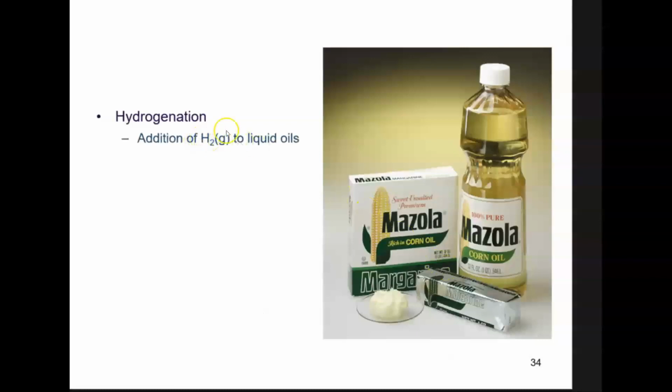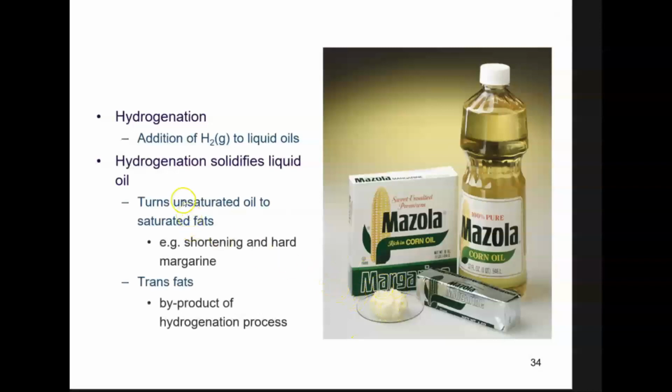They add hydrogen gas to the liquids and introduce the hydrogen so that there's no more double bond. As a result, the fatty acids that were unsaturated become saturated and solid at room temperature. So this turns the unsaturated oil into saturated fat, in the form of margarine. Lard is the same idea, plant produced.